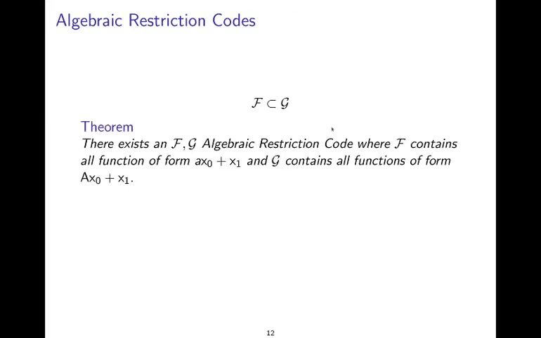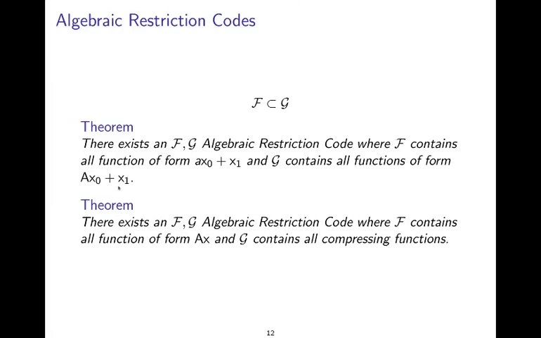Finally, I want to take a look at our explicit constructions of algebraic restriction codes. The first one is the one that we've already looked at, where the allowed set of functions simply scale x0 by a scalar and add x1. But the possible functions are the functions where x0 is multiplied by an arbitrary matrix and x1 is added.